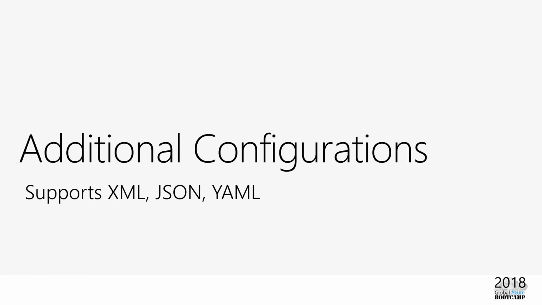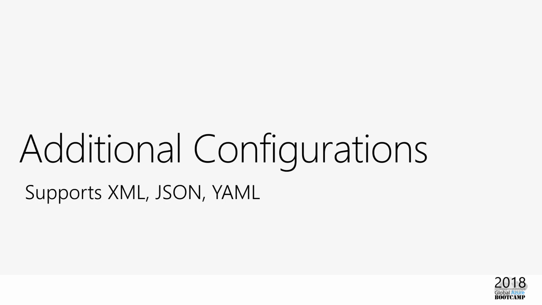The benefit of using version 2 dependency management is we can use additional configurations. For example, in version 1, we cannot use web.config or appsettings.json, right? But ASP.NET Core supports those configuration settings. So we can use XML, we can use JSON, or we can even use YAML.